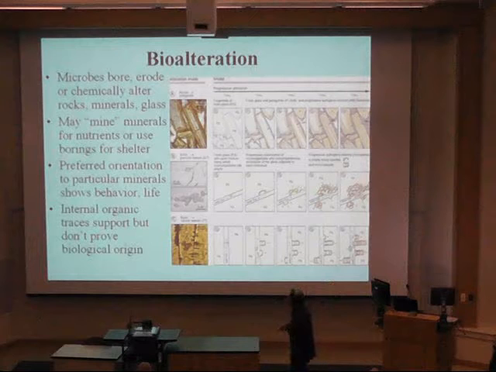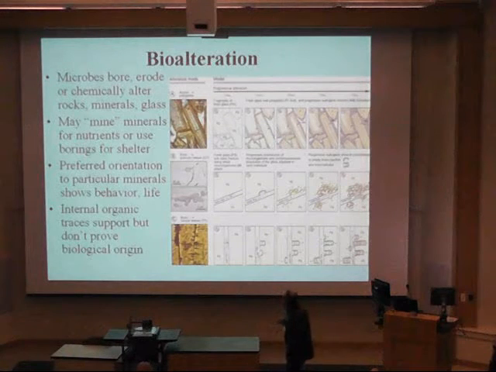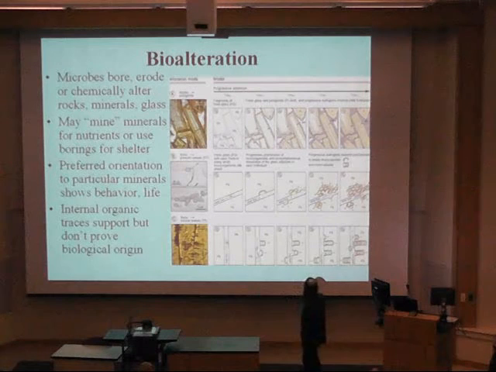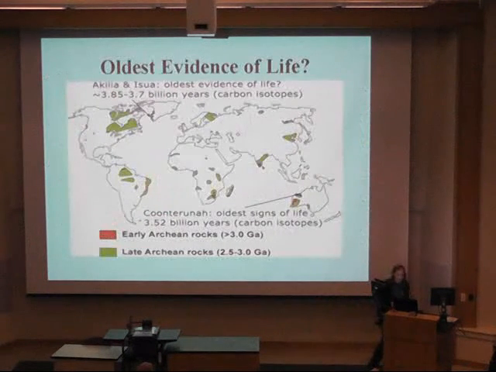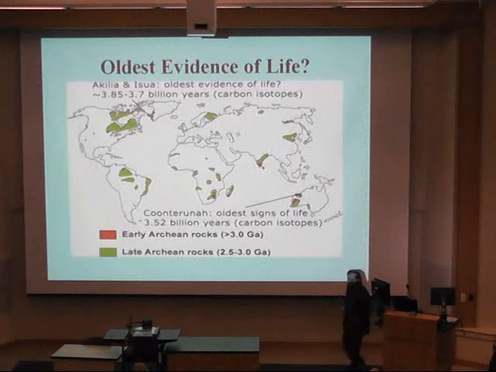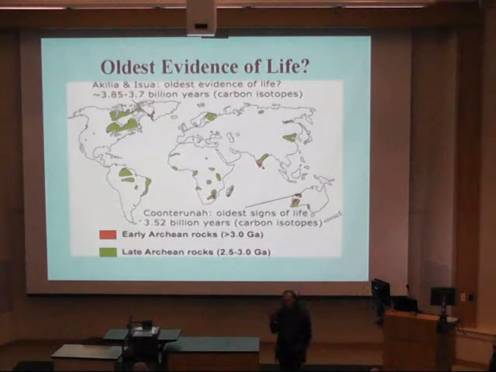It's often hard to prove that these things are biological, but sometimes they have carbon preserved in them, and sometimes they show evidence of behaviour in that these little tubules will be oriented towards particular mineral grains that the microbes might have been mining. So, those are the 6 lines of evidence we can go looking for.